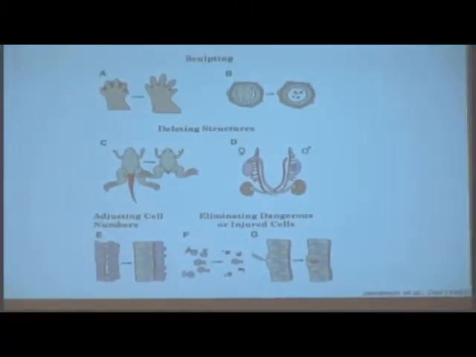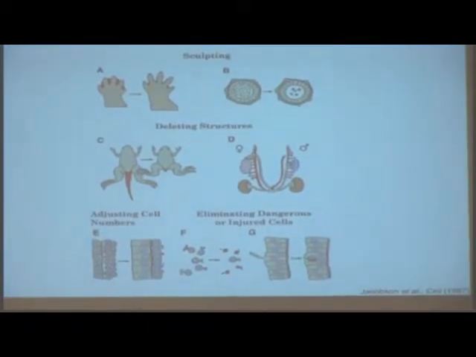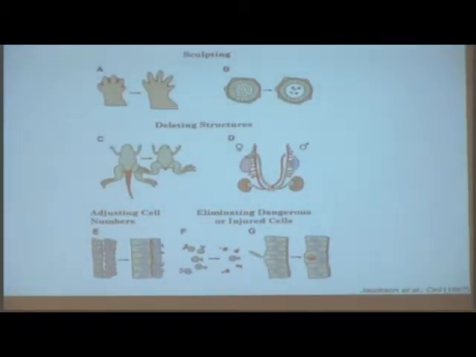So cell death during development, so I'm talking about when an organism starts as a single-celled embryo and divides to become an adult. Cell death is used to sculpt structures. So for example, we're all born with webbing between our digits, and cell death actually then carves out our individual fingers during development.